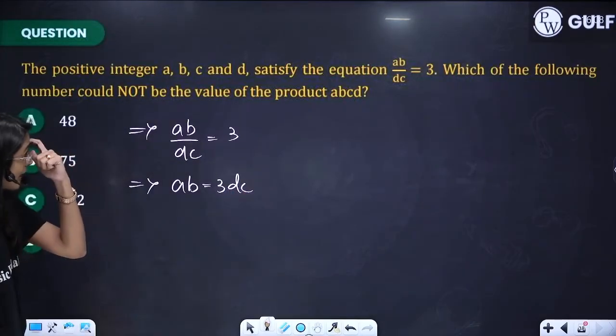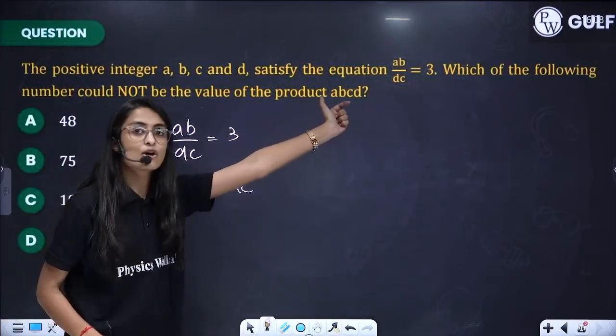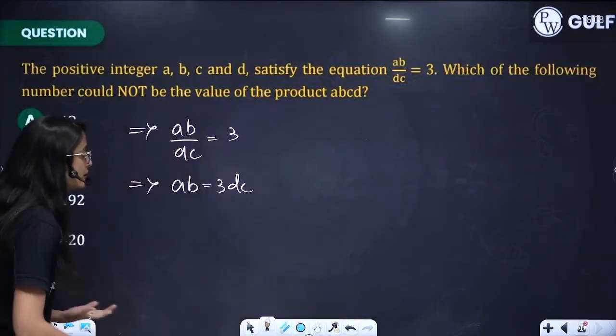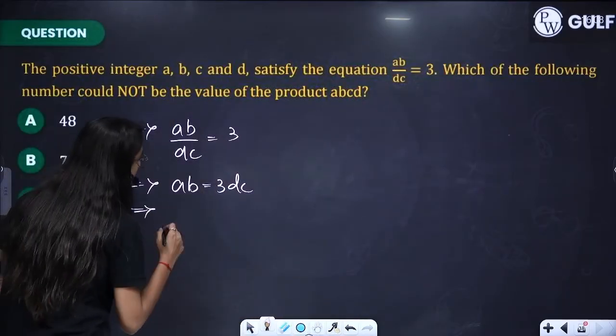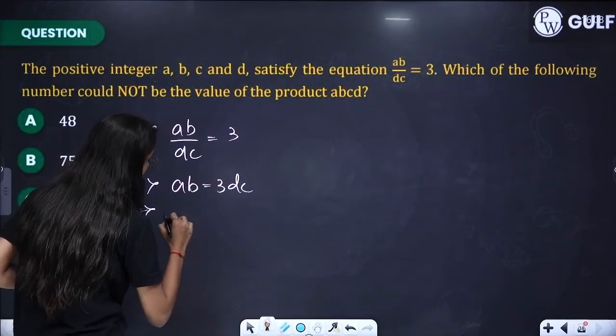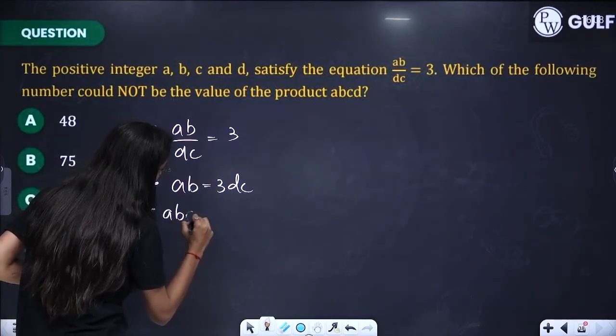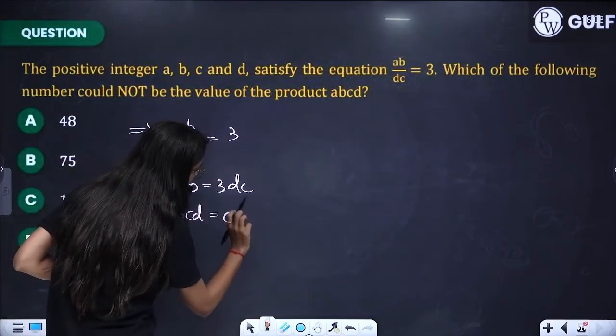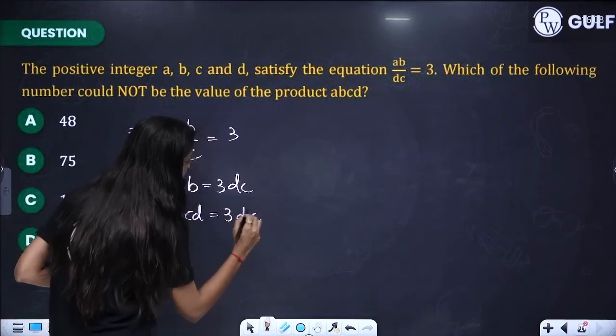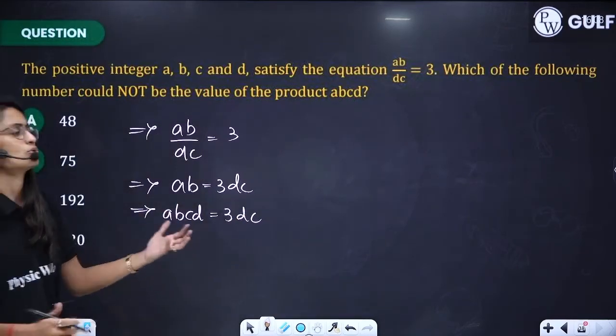Now I have to obtain the value of the product abcd, so I need one more dc, multiplying dc on both the sides. So I'm getting abcd equals 3 dc square.